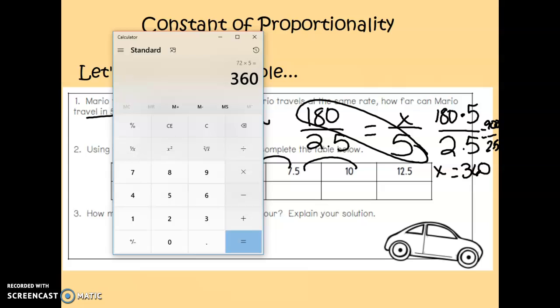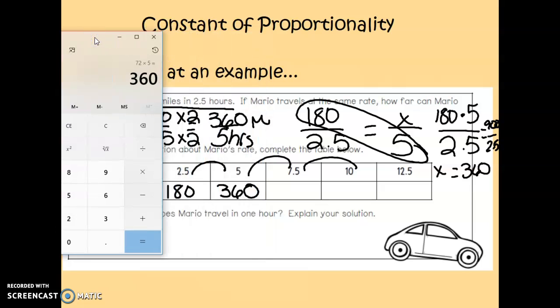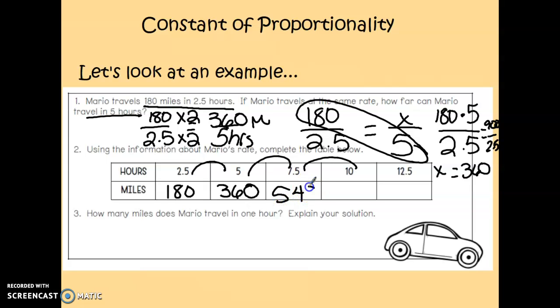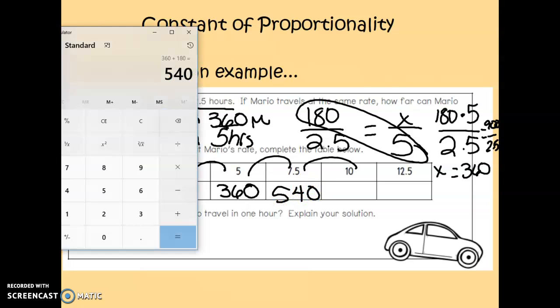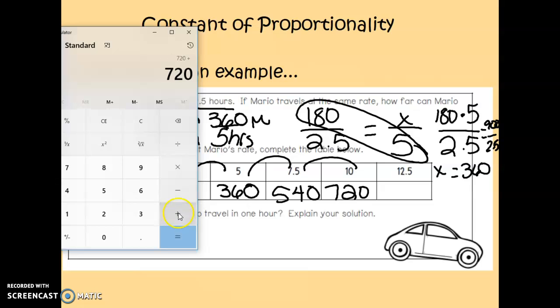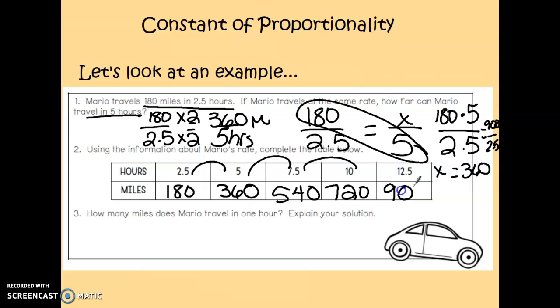So I've got 180, I've got 360, so I can take 360 and add another 180 to it. That gives me 540. I'm going to add another 180, and I get 720, and then one more 180 gives me 900.